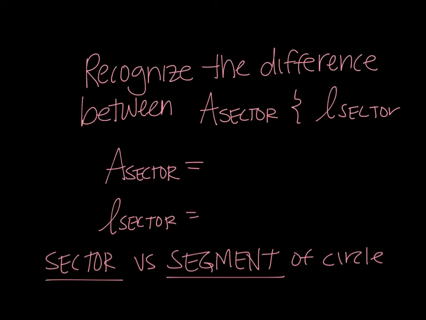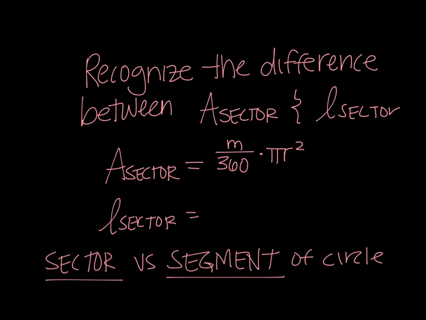All right, now here's something really important to recognize. Being able to recognize the difference between the area of a sector and the length of a sector. The area of a sector is the measure divided by 360 times pi r squared. We notice right here that this is part of our area formula of a circle. So we're just finding a fraction of the area.